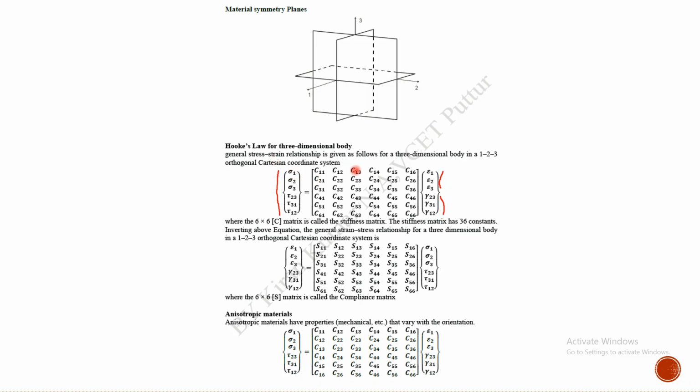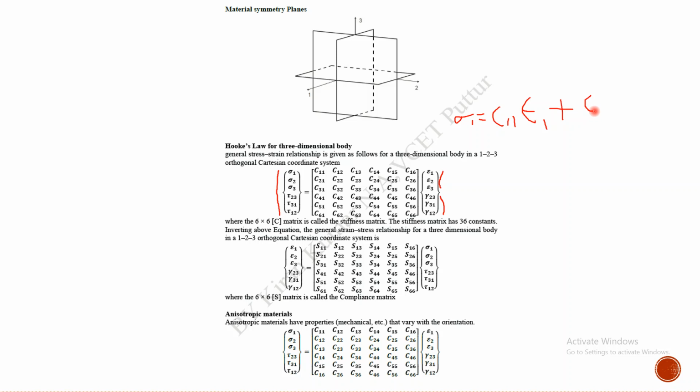The next part is, if you want to relate sigma 1 to each strain component, then some constants will exist. Sigma 1 is related to epsilon 1, and that constant we usually denote by C11.